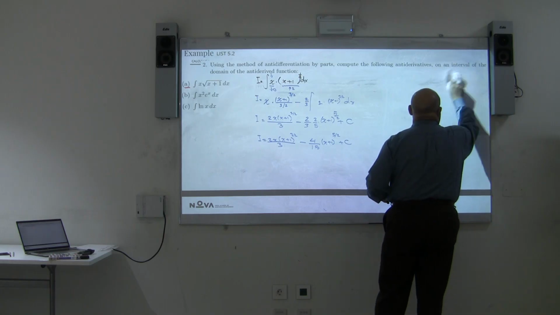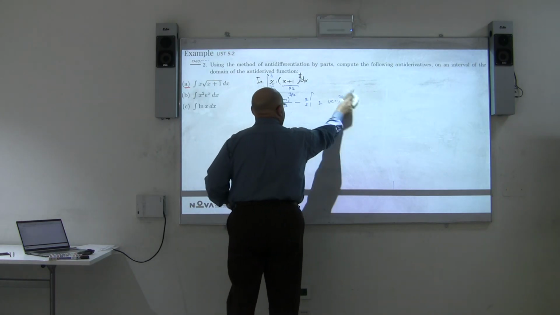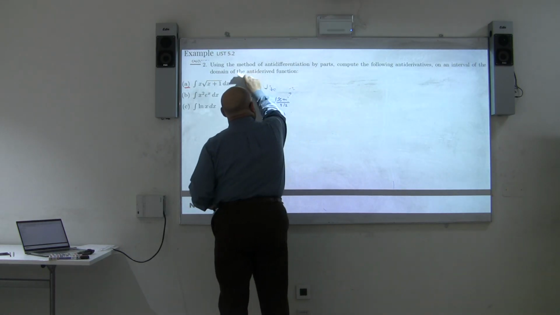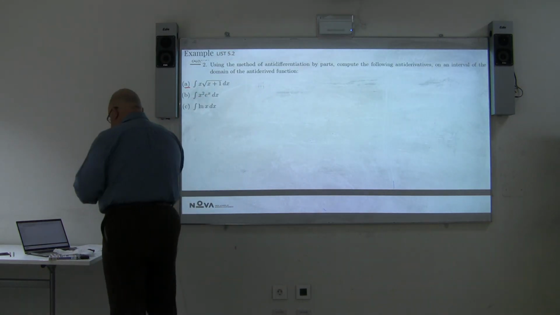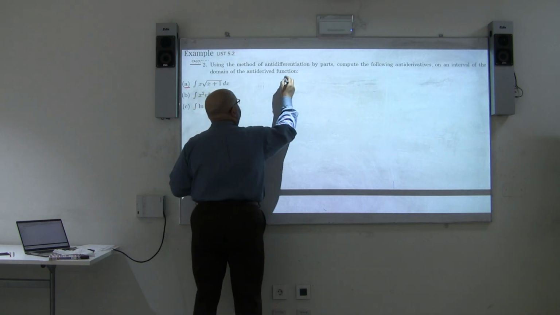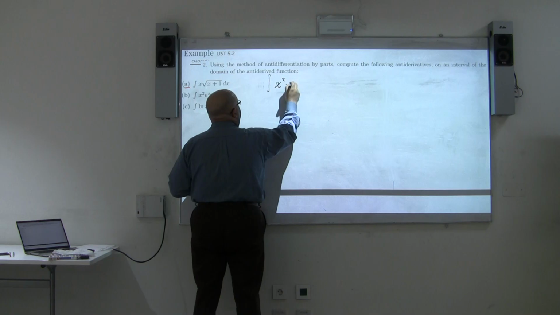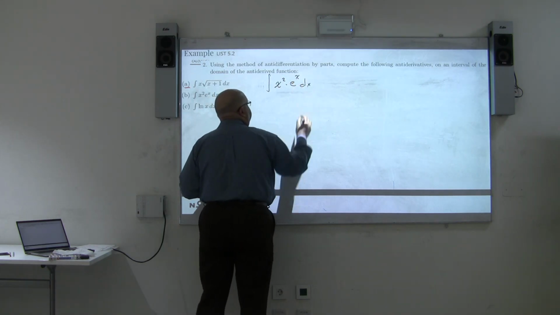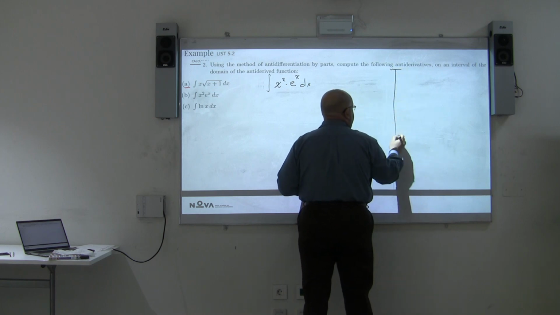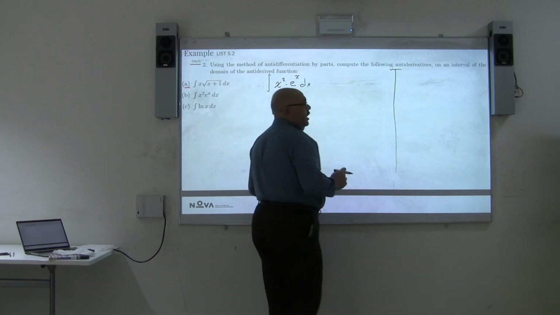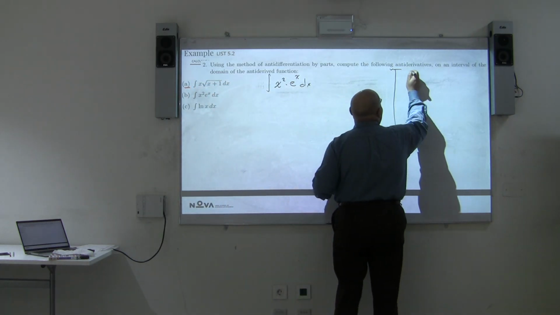If I'm trying to deal with the second problem, as I told you, I want to integrate x squared times e to the power of x, exactly like the previous one. Is this problem easier or is that one easier?